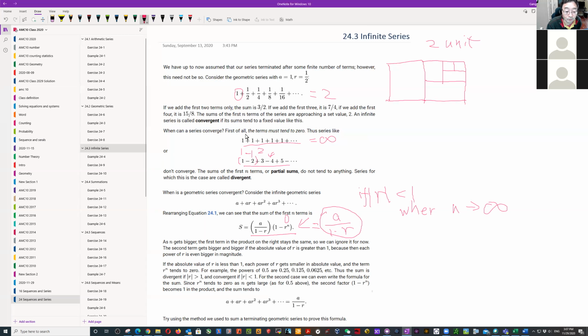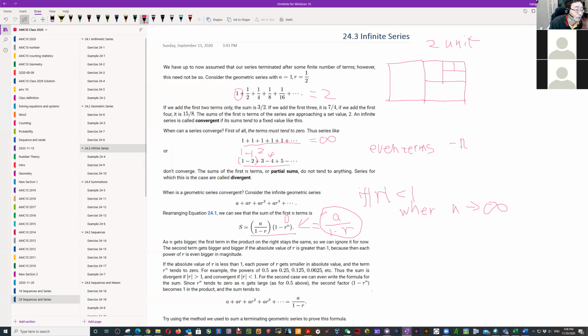If you take even terms, it's going to be -n divided by 2. So for example, if you get 2 terms, it's -1. You get 4, you get -2. And if you go to infinity, the total, if you group this way, is going to be negative infinity. But you can group the other way. You actually can.